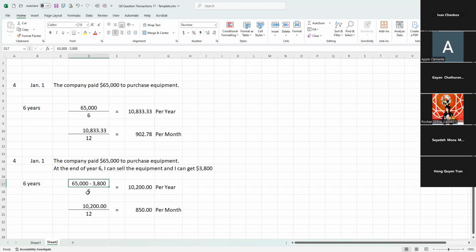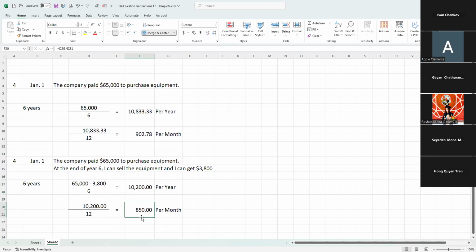So if we get cash at the end of the life of the asset, we have to deduct that cash from the purchase price of the equipment and amortize. That's what it's called: amortization is transferring the cost of the asset over the life of the asset as an expense. Then we get the amount that we have to amortize per year and per month.